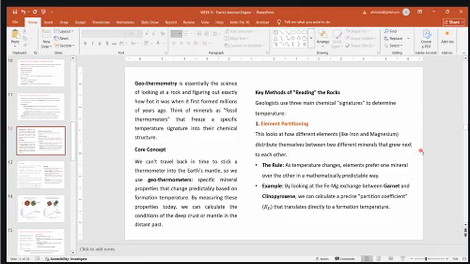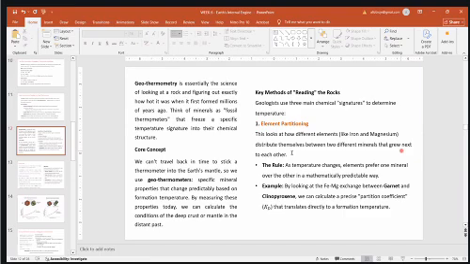Key methods: reading the rocks. Geologists use three main chemical signatures to determine temperature at formation. First, element partitioning, like I said earlier. This looks at how different elements, e.g. iron and magnesium, distribute themselves between two different minerals that grew next to each other.